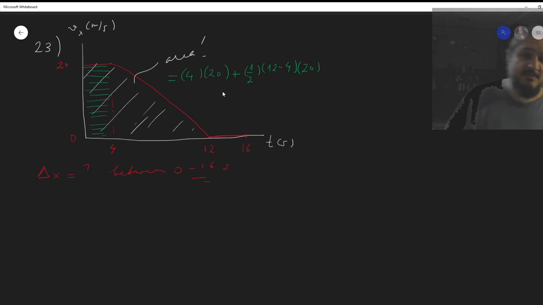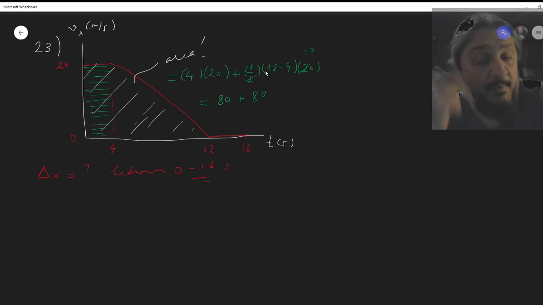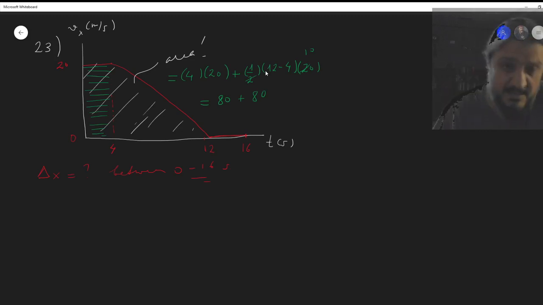So this area will give you the displacement. So this gives you 80 meters plus, okay, this is 10 times 8, 80. Okay, so 80 plus 80, 160.